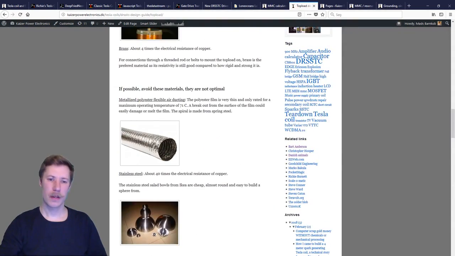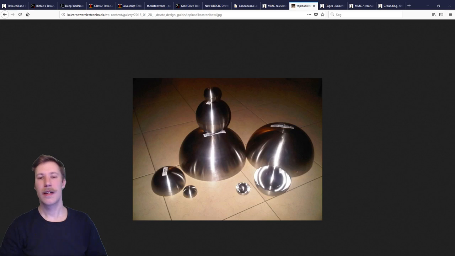I can show here the well-known IKEA stainless steel balls that some people have used as top loads. These are made in the same way: you simply press a piece of metal on a lathe up against a form, and by that you shape your sheet metal into the form.